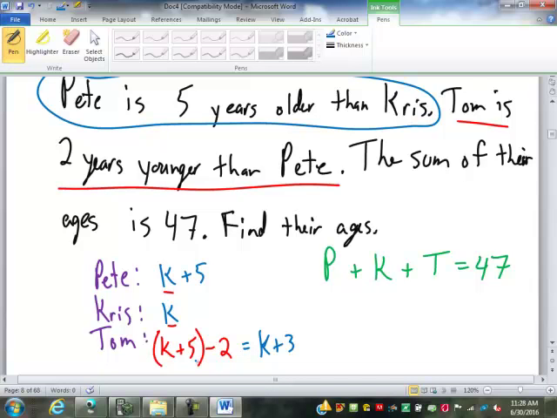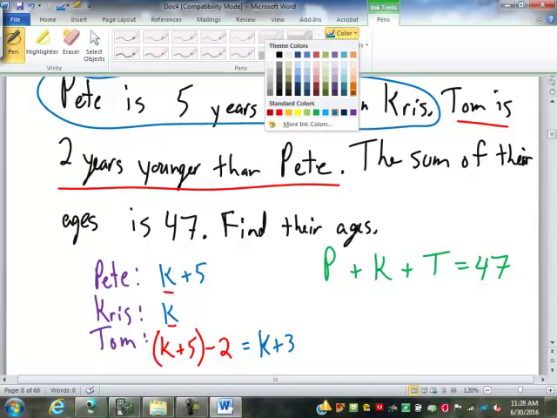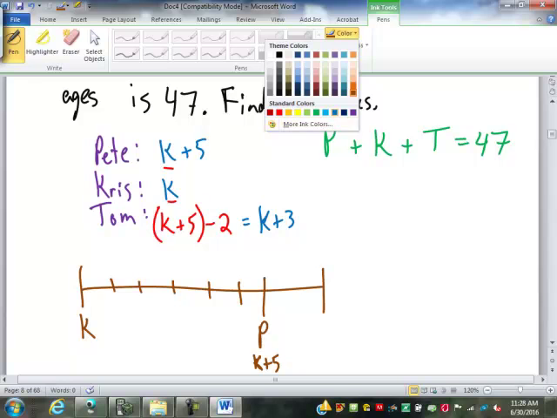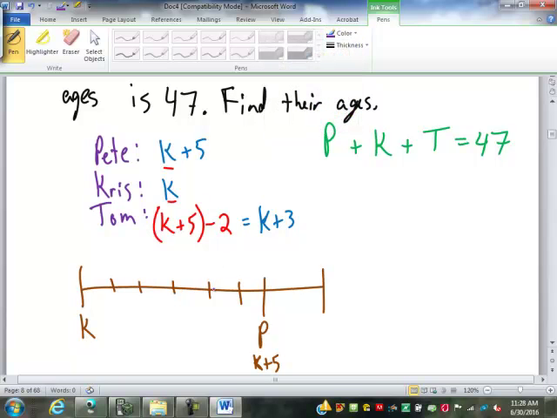Okay. If you look at it on a number line, here's Chris, and here's Pete. Pete is whatever K is plus 5, right? Tom is 2 years younger than Pete, so that puts Tom right here.